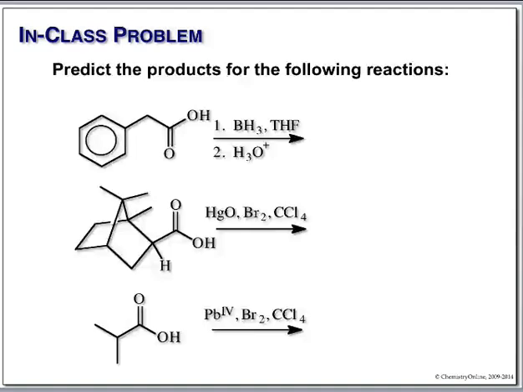Chapter 17, right? Going to reduce 2 hydrogens here. We make the alcohol.